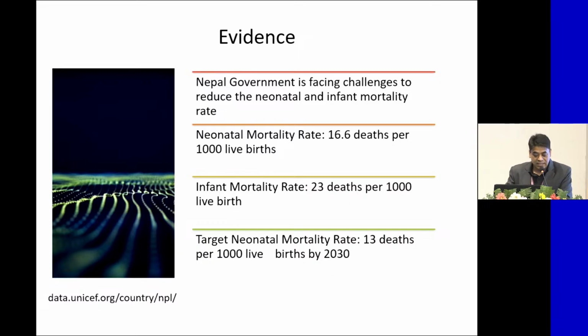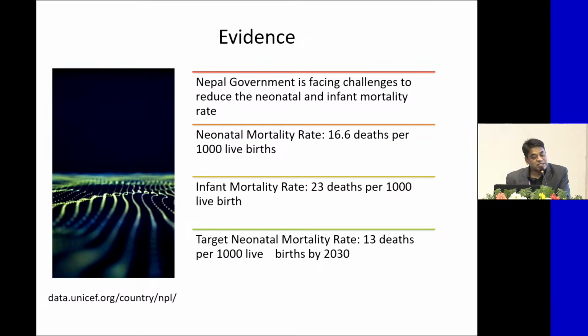Another evidence, as I talked about before, is the mortality. As you can see, the neonatal mortality rate now in Nepal is 16.6, and the infant mortality rate is 23 deaths per 1,000 live births. And as per the UN Sustainable Development Goals, the target of Nepal is to decrease the neonatal mortality rate to 13 per 1,000 live births.